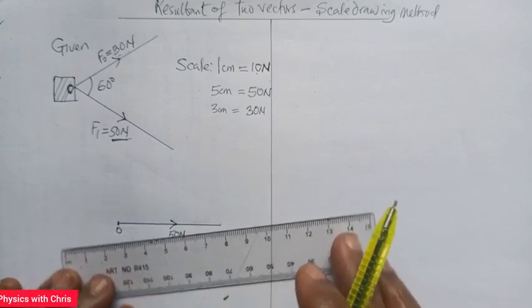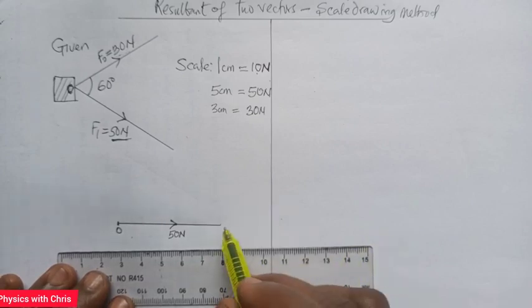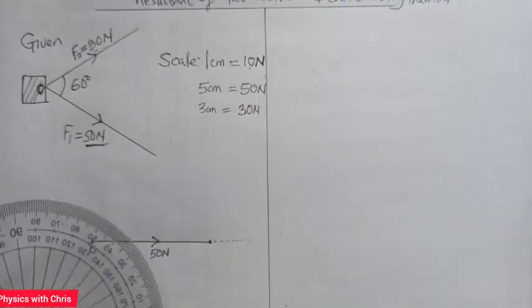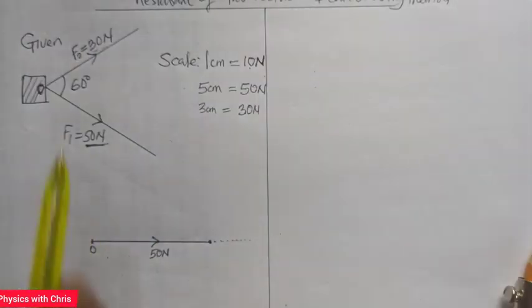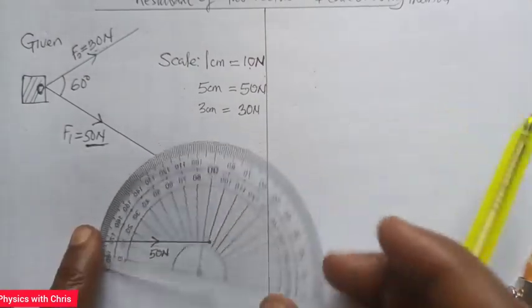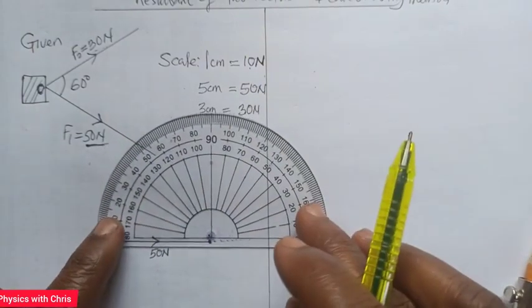Then, with my protractor and my compass, if I don't want to construct angle 60 or 120, I can place my protractor like this and measure at the end of vector F1.